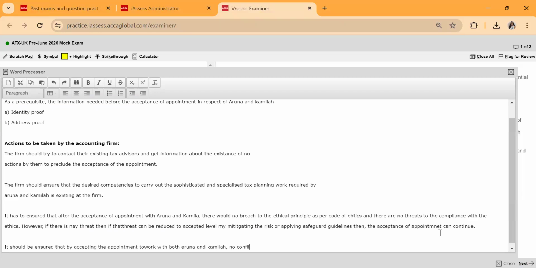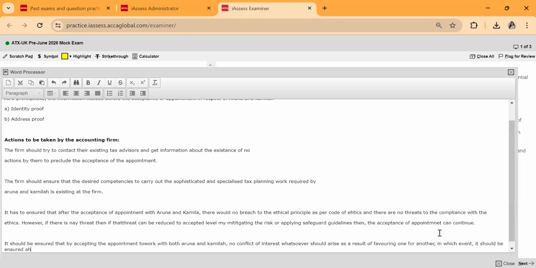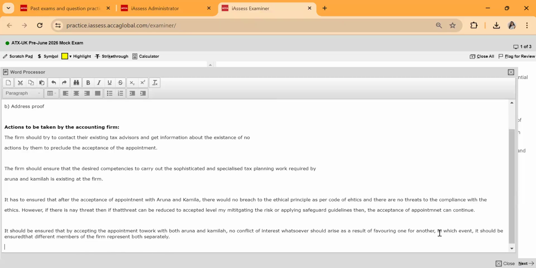no conflict of interest whatsoever should arise as a result of favoring one for another, in which event it should be ensured that different members of the firm represent both separately, so that there is no conflict of interest arising, because there are two individuals.